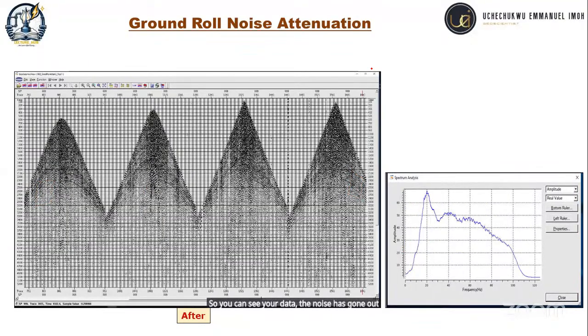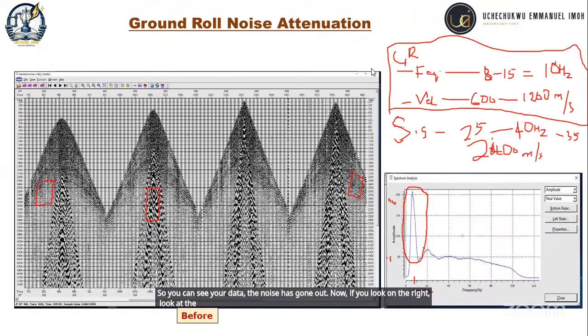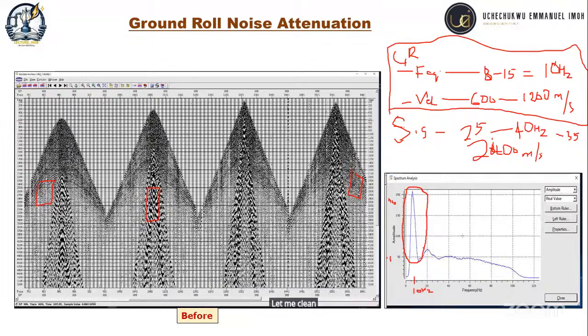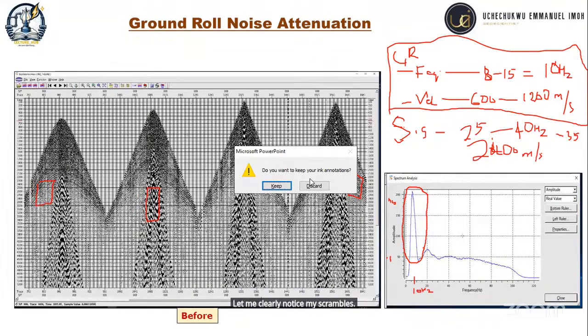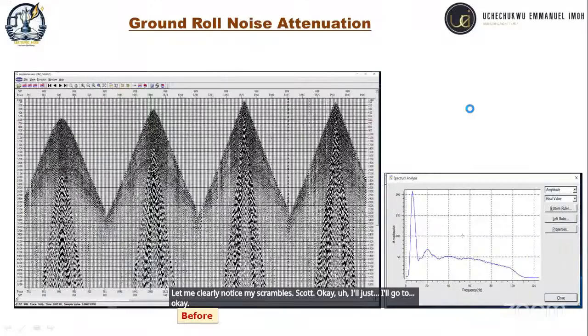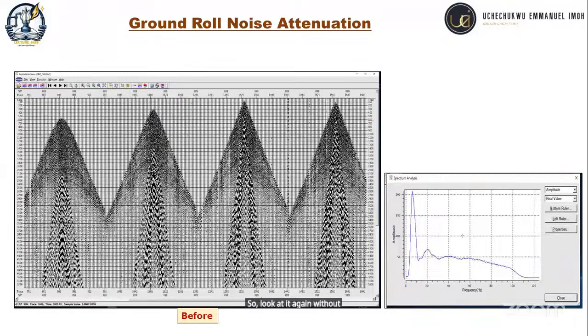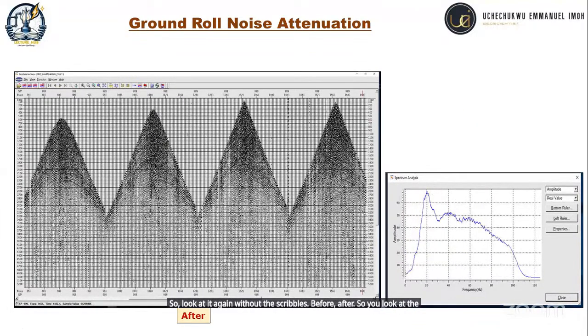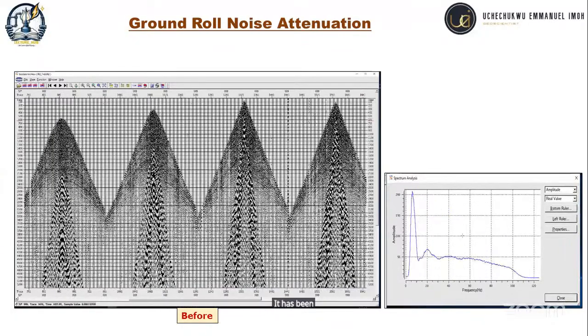Now, if you look on the right, look at the frequency spectrum before and after. Please let me clean all these scribbles. Okay, so look at it again without the scribbles. Before, after. So you look at the frequency spectrum, what do you see? It has been enhanced.